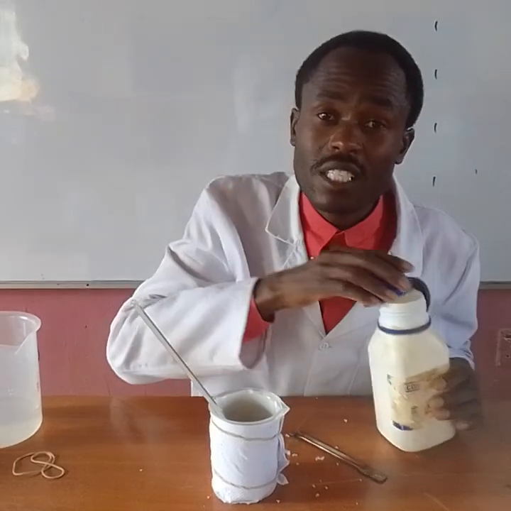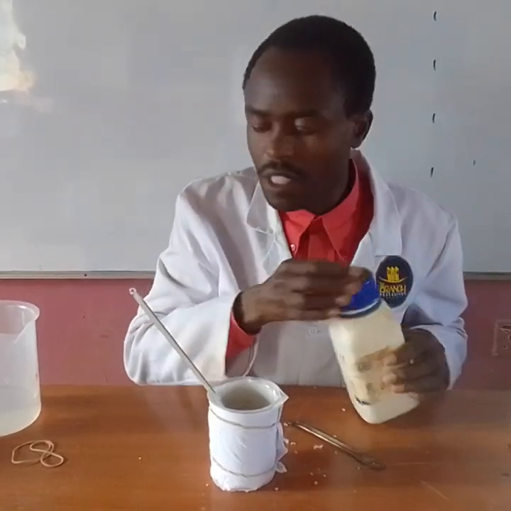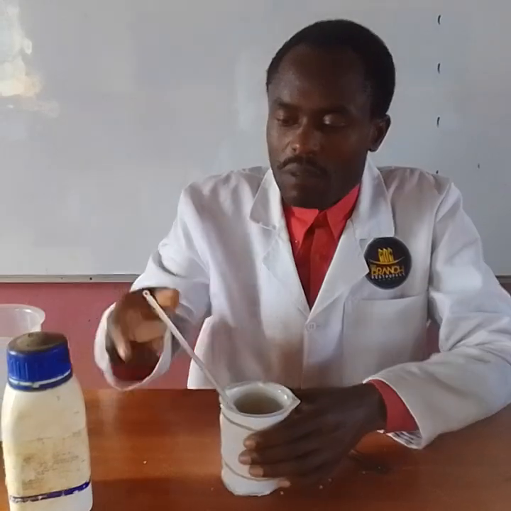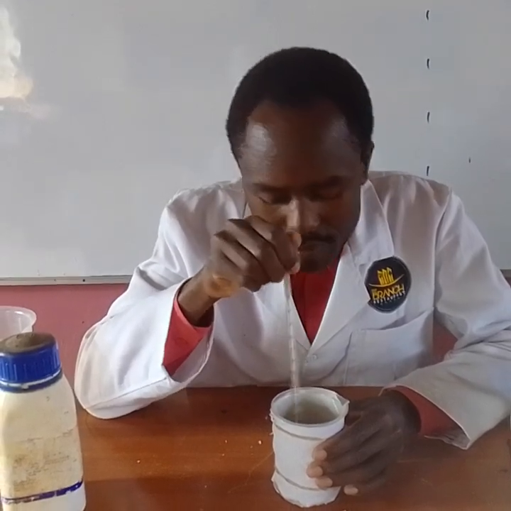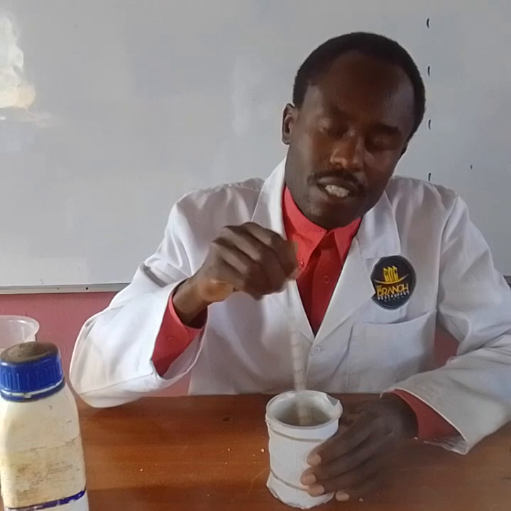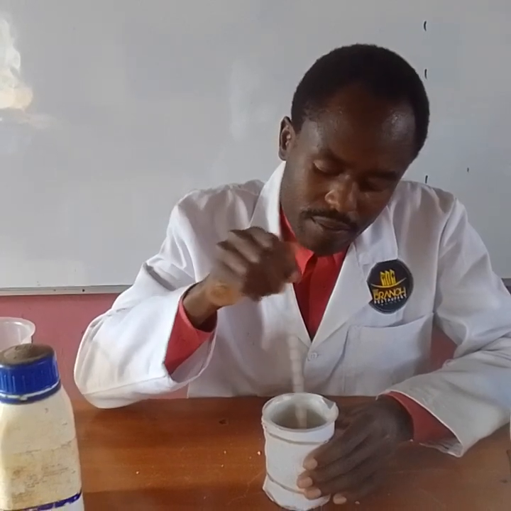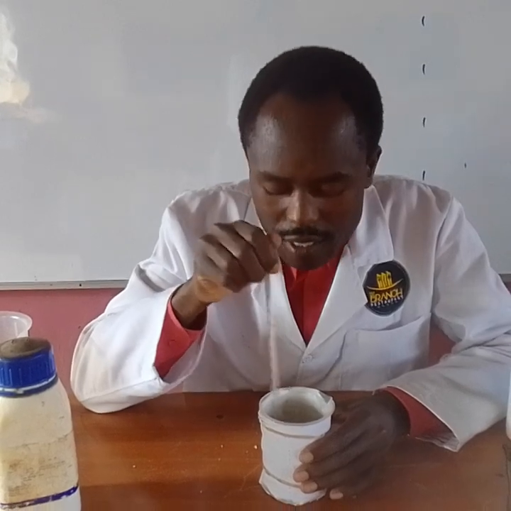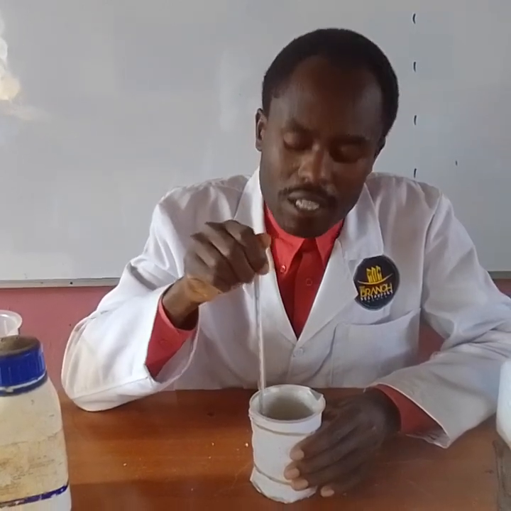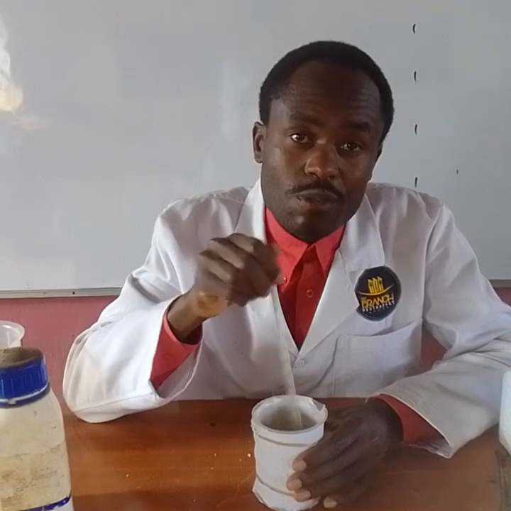I'm seeing you concentrating outside. That is wrong. Concentrate on this one. Very important. I'm going now to stir using the thermometer like this until all the ammonium nitrate salt dissolves. Then we read the final temperature. It is a simple exercise, my student. At the end, we'll understand what happens when ammonium nitrate dissolves in water.